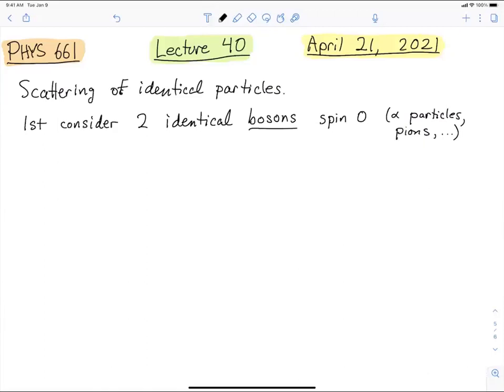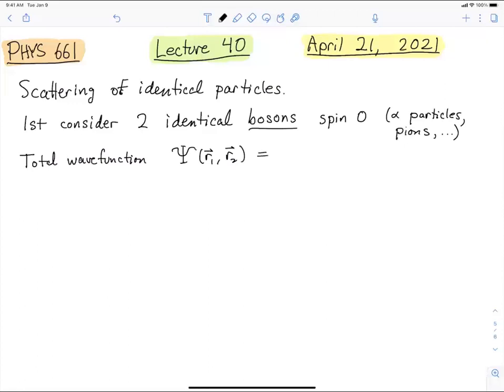But so when we have two identical particles, we have to consider the total wave function. And fortunately, in this case, there's no spin. So I can just write the total wave function as a function of the two labeled coordinates.